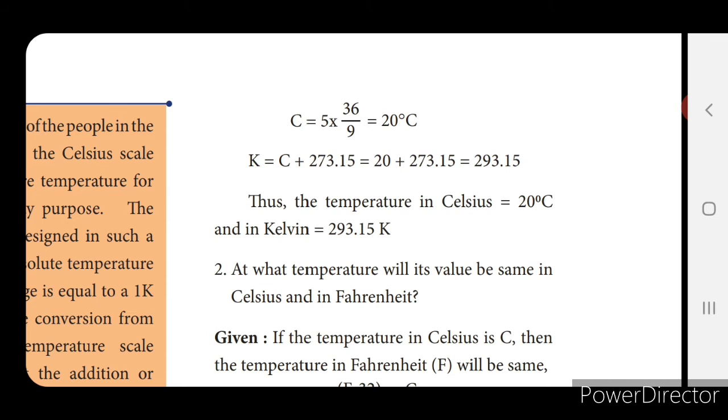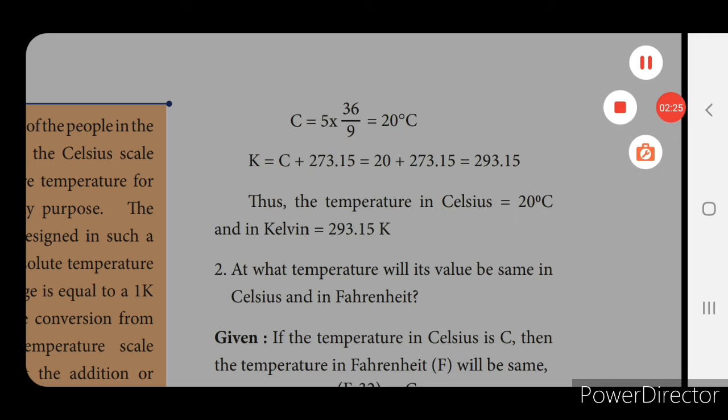So 20 plus 273.15 is equal to 293.15. So thus the temperature in Celsius is equal to 20 degree centigrade and in Kelvin is 293.15 K. So these two formulas are very important. K is equal to C plus 273.15. Okay children, is it clear?